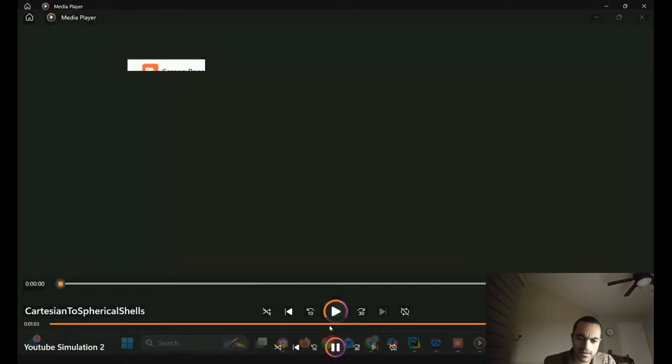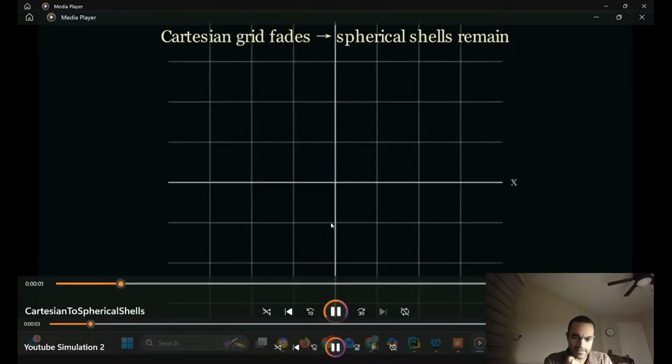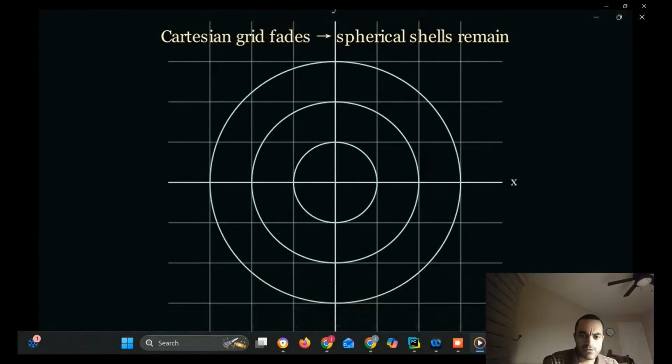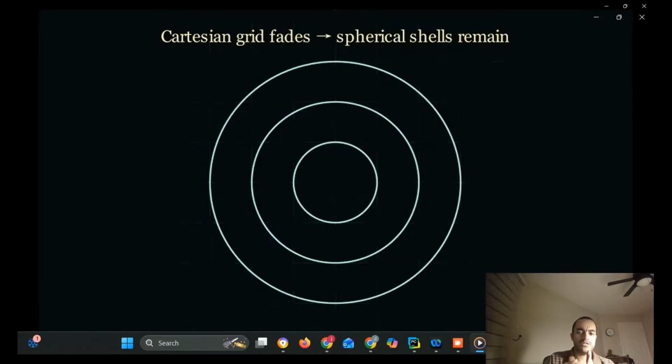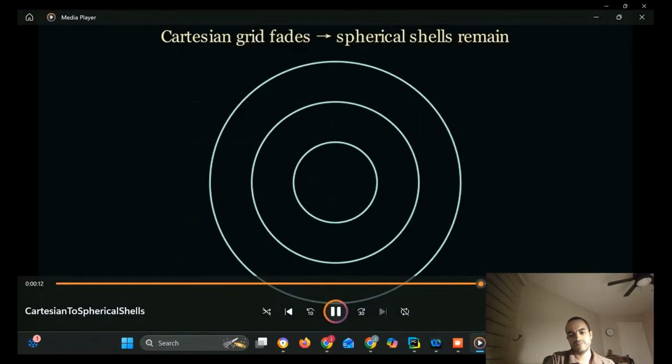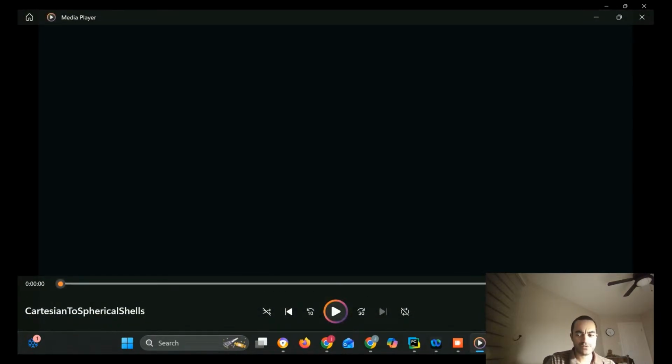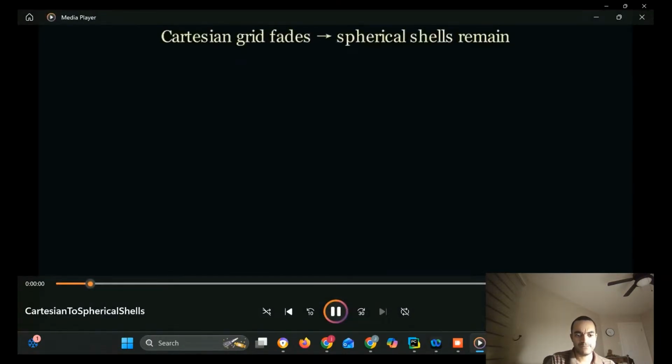How they look and how they behave, right? So again, I'm going to rewind. We have a Cartesian grid, and we have our level sets or level curves there on the Cartesian grid. And if we get rid of the grid, we get just spherical shells that are remaining.